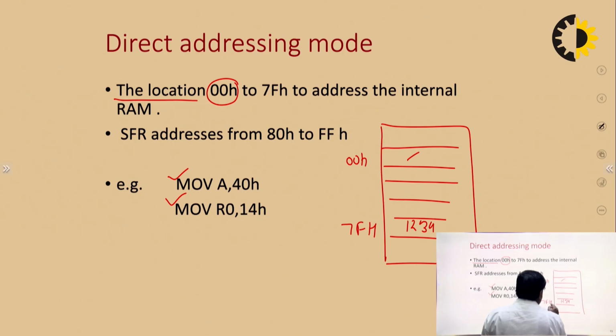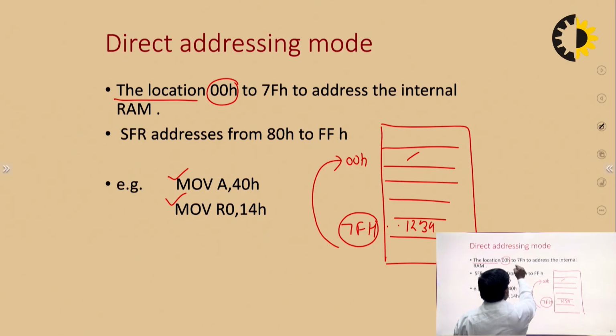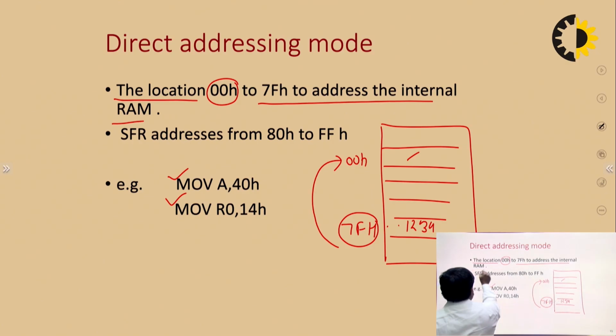It means from this memory location, this data is transferred into this memory location, internal RAM. Now check the example. From this memory location, data is transferred into this memory location. That is the direct addressing mode.